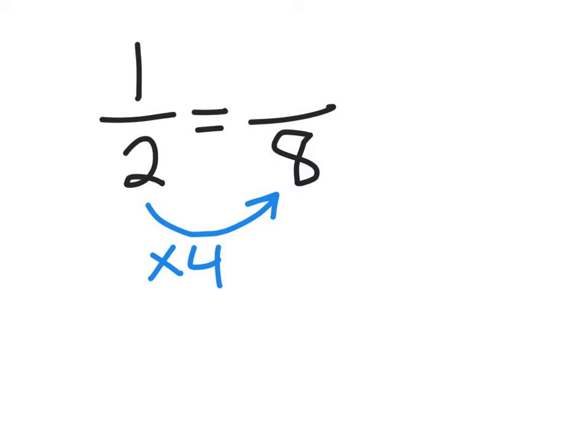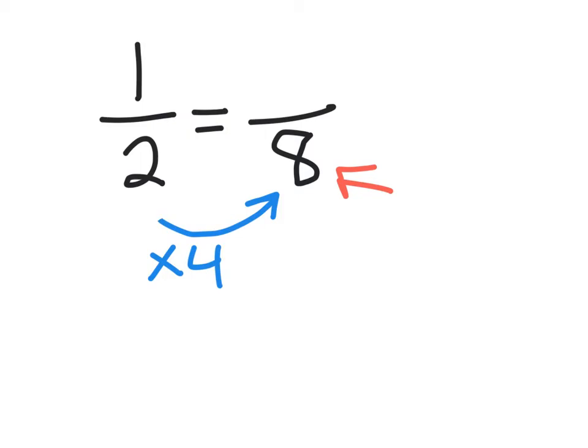If it's an easier way for you to think of it, you can always take your new denominator, which was 8, and divide it by the old denominator, which is 2, and that we know is 4. That shows us what we had to multiply by in order to get to that new denominator.